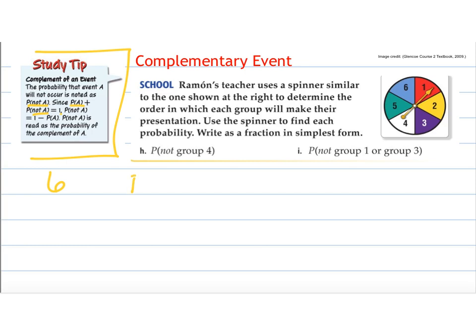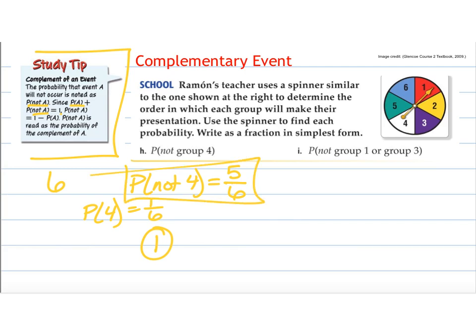So my probability of not getting a 4 would be 5 of the 6. Because then again, think, if the probability of me getting a 4 is 1 out of 6, notice 5/6 plus 1/6, I have 1 whole, all of the choices are accounted for.